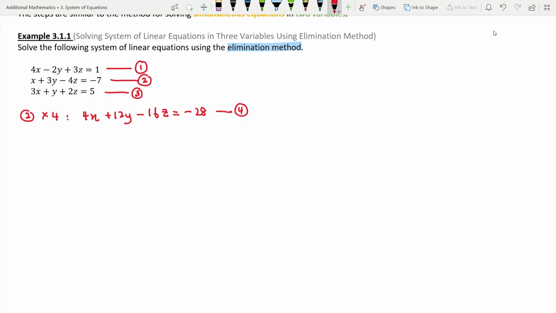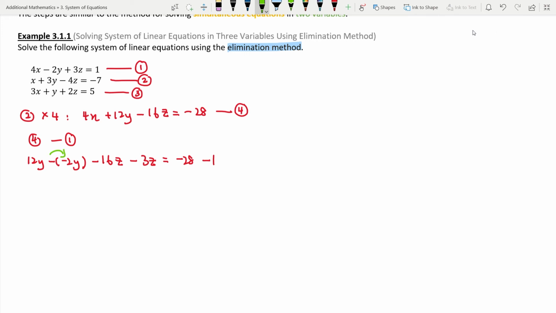Keep in mind, equation 2 and equation 4 are the same equation. We proceed to eliminate the x. Equation 4 minus equation 1. 4x minus 4x is gone. 12y minus negative 2y, minus 16z minus 3z, is equal to negative 28 minus 1.